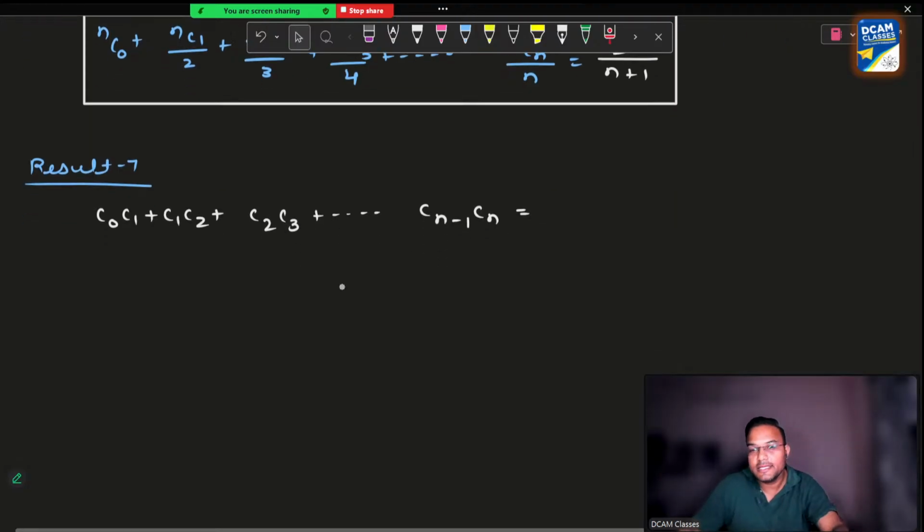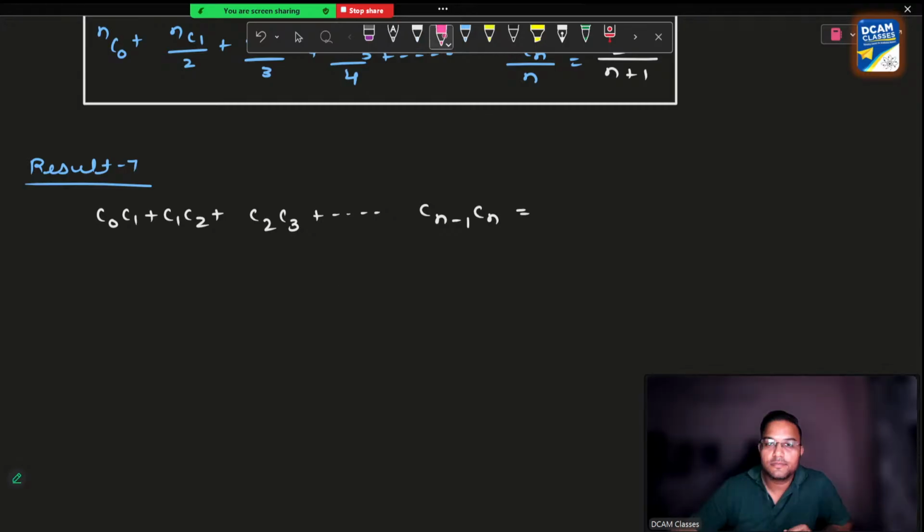Achha, rather than this, I want you to get the result of this general term so that these kinds of results you'll get easily. Give me the result of C0 CR plus C1 CR plus 1 plus C2 CR plus 2 plus and so on, Cn minus R Cn.